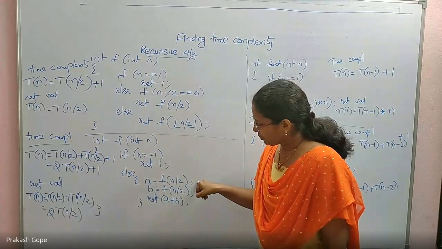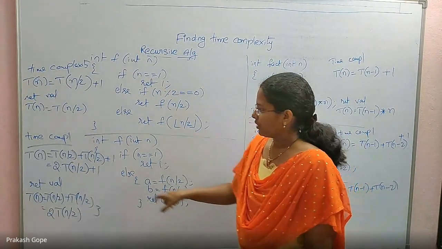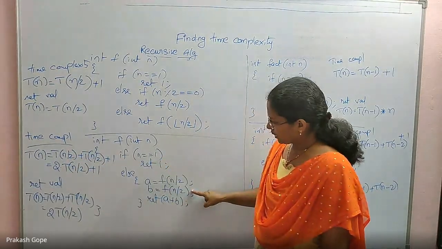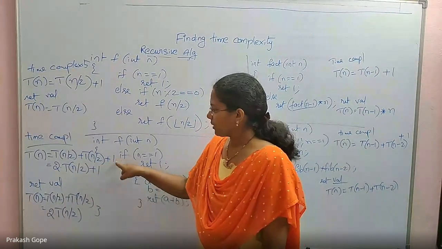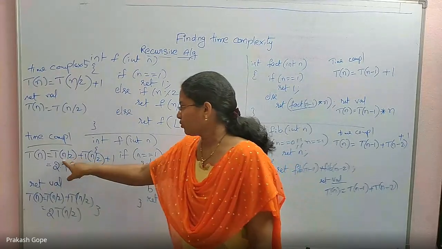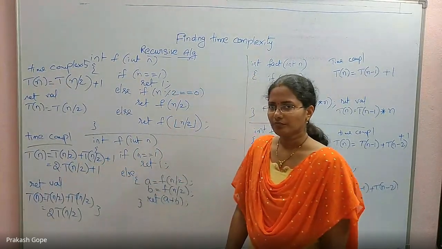So the time taken by this plus the time taken by this, some additions. So time taken when n by 2 is passed, also another function. So T of n by 2 plus some additions and returns. So it is 2 times T of n by 2 plus 1. Okay, ma'am.